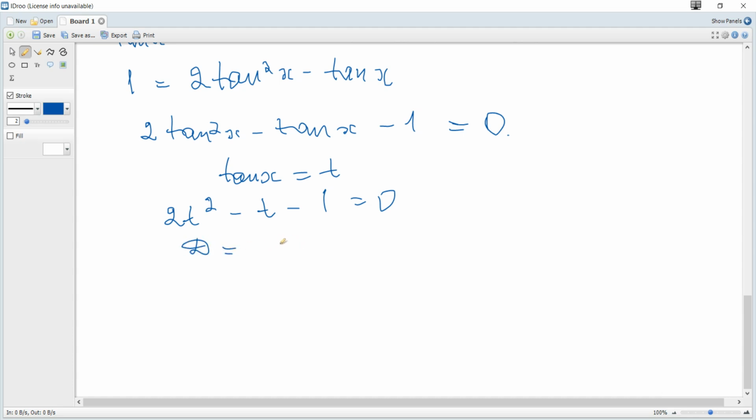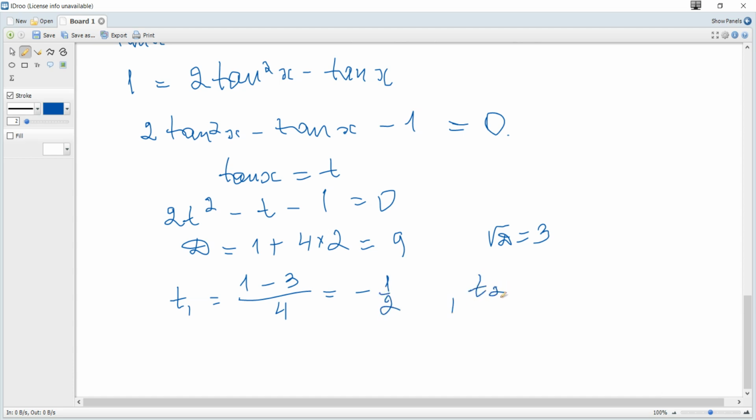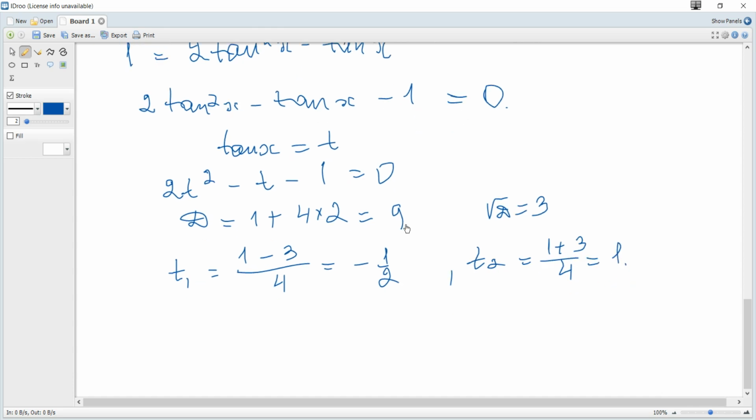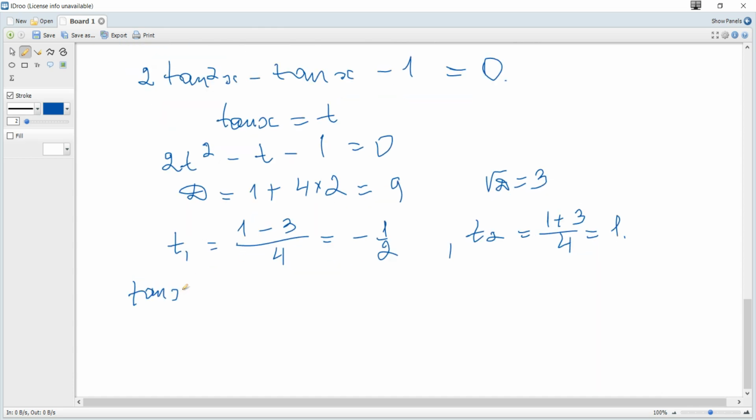So discriminant is b squared minus 4ac, so 1 minus 4 times 2 times negative 1, and it's 9, root of d is 3, so t one is minus b minus root d over 2a, so it's negative a half, and another root is 1 plus 3 over 4 is 1. So we get tangent is negative a half, or tangent is 1.